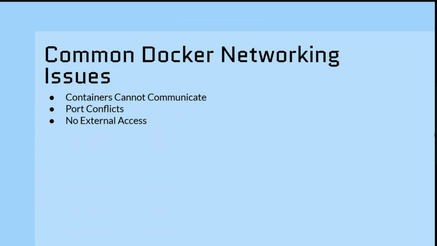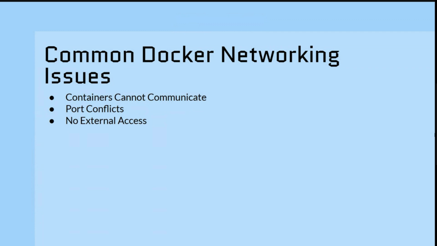Sometimes you'll notice that a container cannot access the internet. This can break updates, API calls, or external dependencies. This issue often stems from misconfigured DNS settings inside the container. If Docker's DNS resolver isn't working correctly, the container won't be able to resolve domain names.